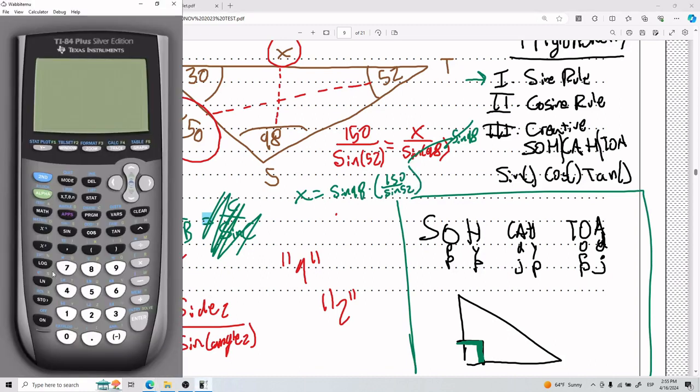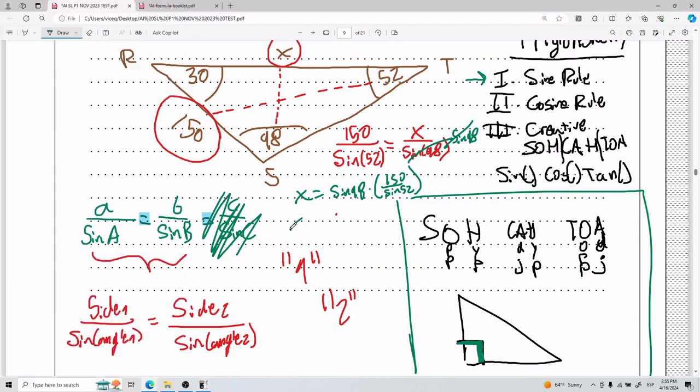You put all of that into your calculator, and you first make sure that your mode is in degrees. Okay, make sure your mode is in degrees. From here, you just gotta do sine 98 times this whole thing, right? I'm gonna open up the fraction by pressing alpha y equals, pressing the first option, you can put 150 divided by sine 52, and this is your value for x.